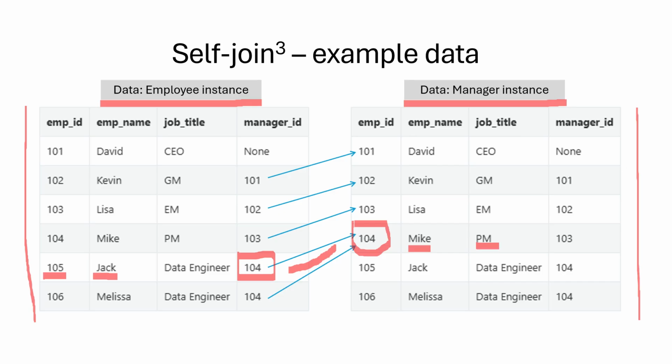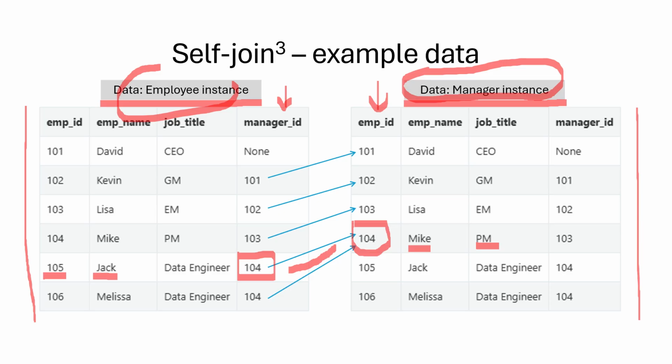In other words, all we have to do is join these two data frames, the first instance of the data frame and the second instance of the same employee data frame, join them on the manager ID of the employee instance with the employee ID of the manager instance. So that way we can retrieve all the employee details along with their manager's details as well. I hope that is clear up to this point.